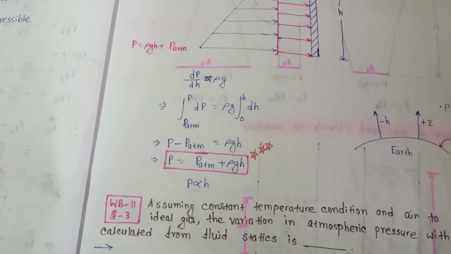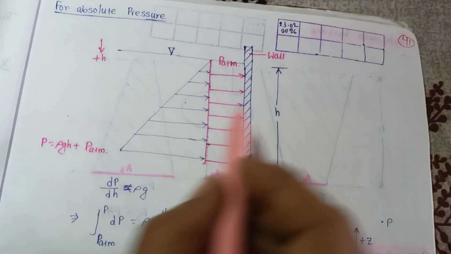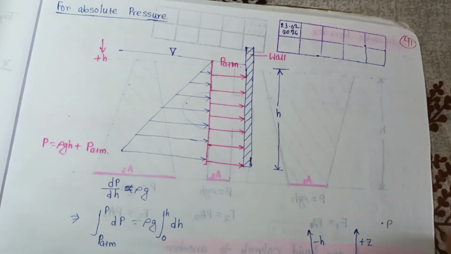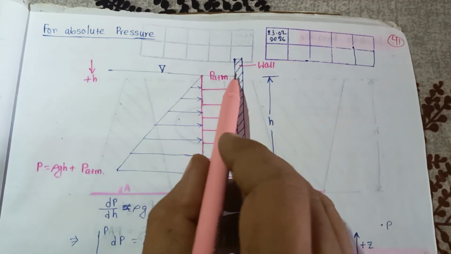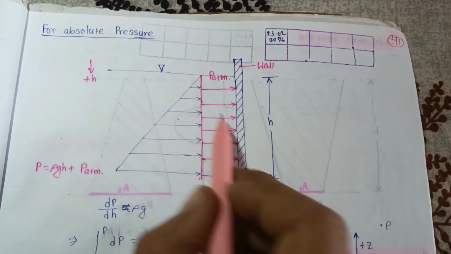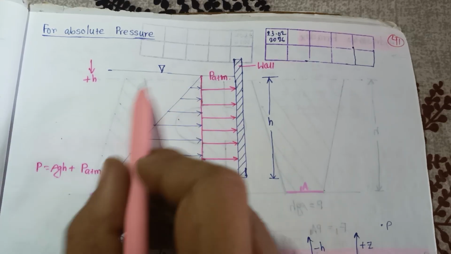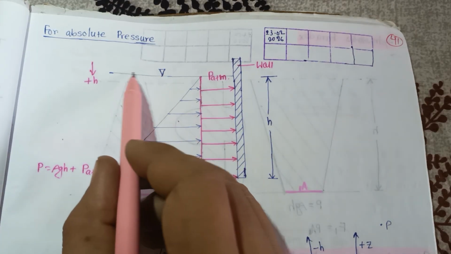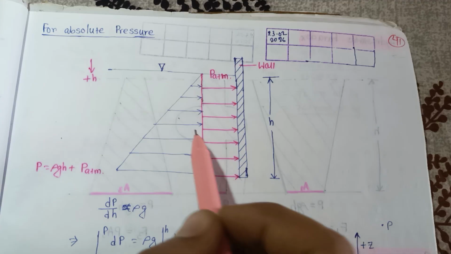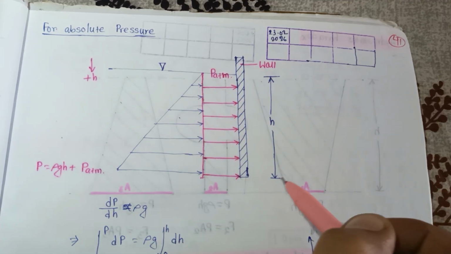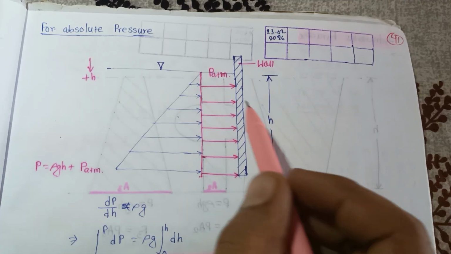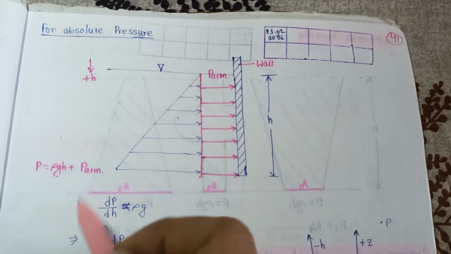Now for absolute pressure, suppose there is a wall, and on the left hand side there is a fluid which is at rest. The height of the wall is h, and the downward direction is the positive h direction.